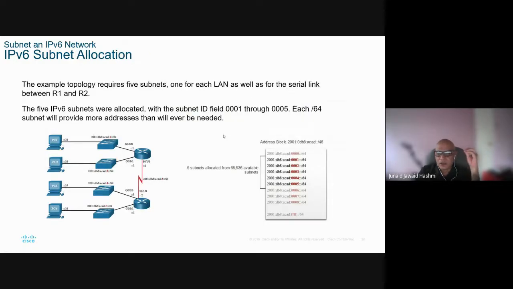Now, just like IP version 4, you have multiple subnets, and then you assign the IP addresses to router interfaces, to each host on the network, that is PCs, printers, IP phones, if they're using IP version 6. And then you can also assign IP version 6 addresses to switches.